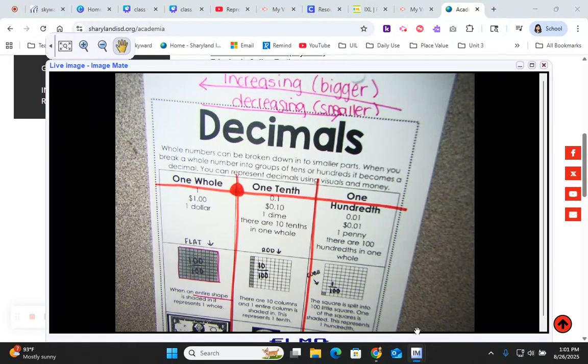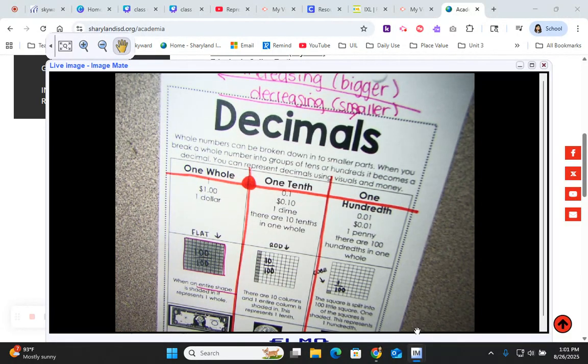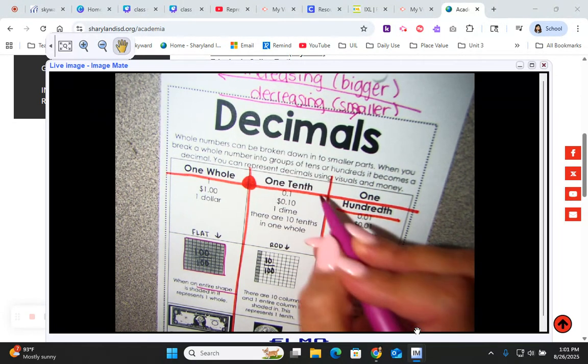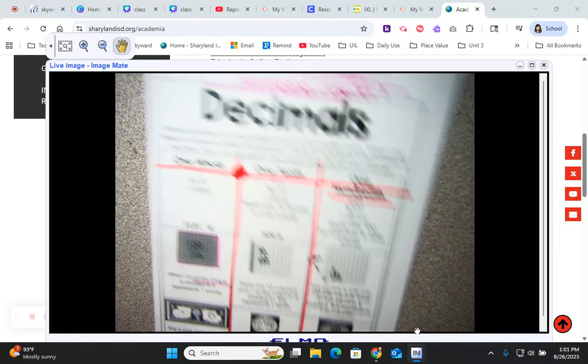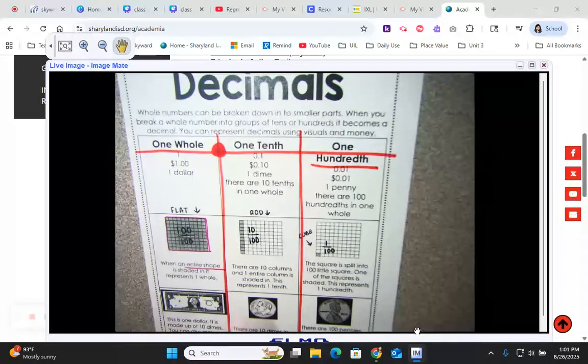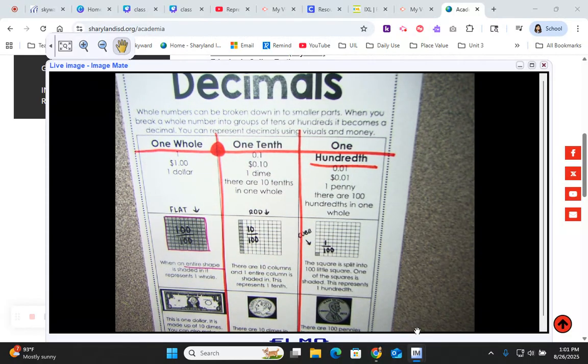Smaller than a dollar, I have tenths, 1/10. Oops, I cut out the 100, sorry. Now the reason it is called a tenth, like we said when we were looking at the polypath, is I need how many tens to make 100?